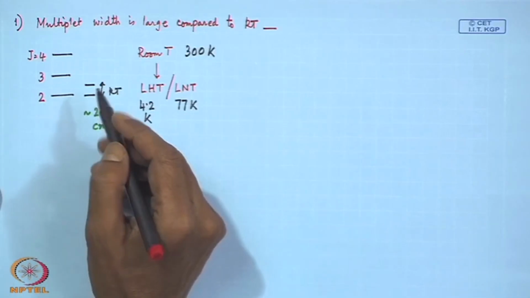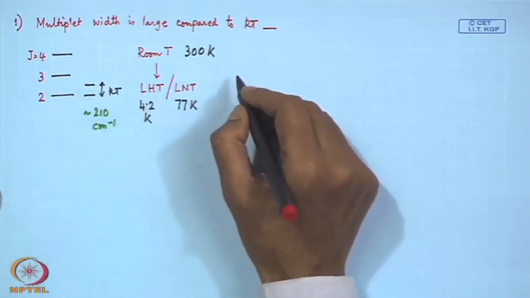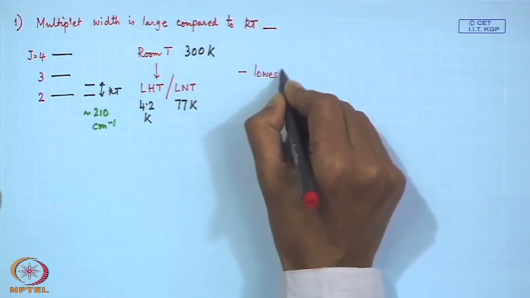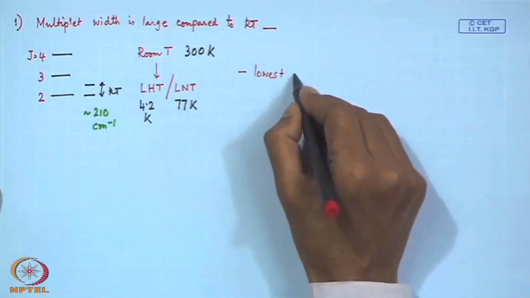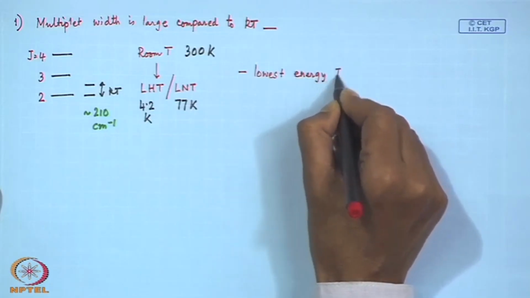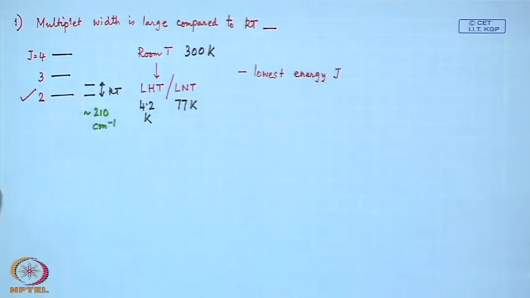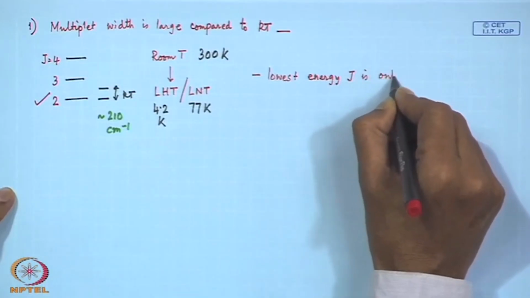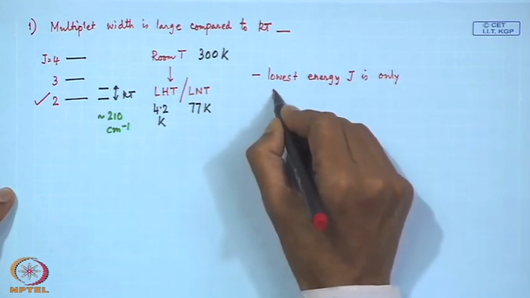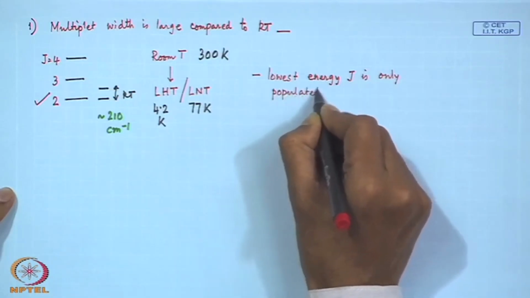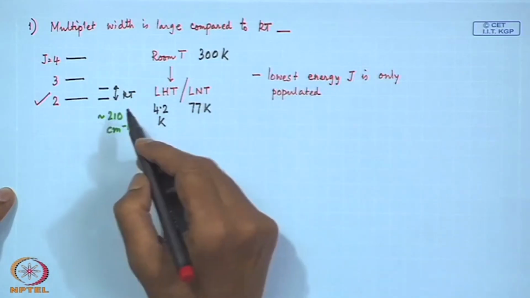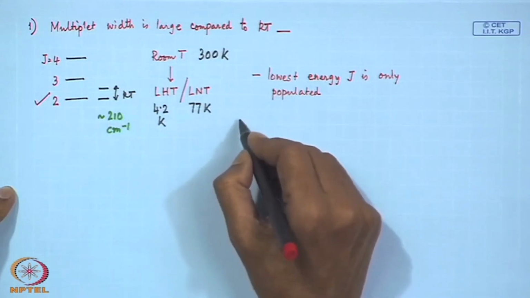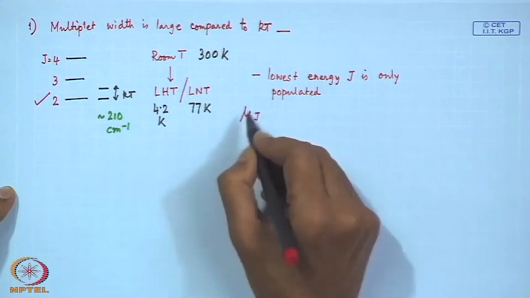So in this case, only the lowest energy J is populated, and J is now a good quantum number instead of L and S. So the entire magnetic moment can be controlled by the corresponding mu J value.